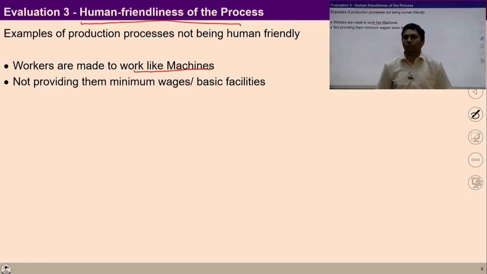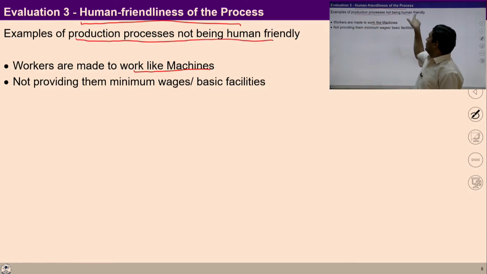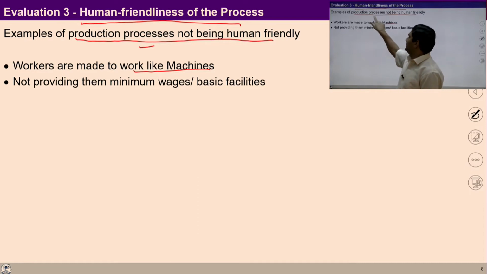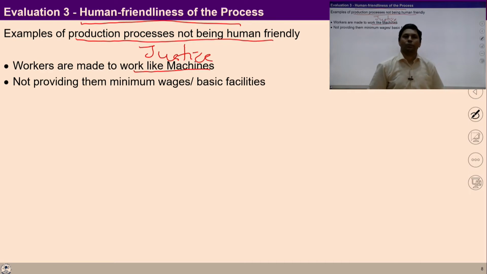They have no scope of emotional happiness in the present system. They are being burdened through work, and they are treated as machines, only as a resource of profit maximization. So it is another important point. The people who are involved in the production process should be treated as human beings. It means justice should be ensured with the human beings involved in this production process.